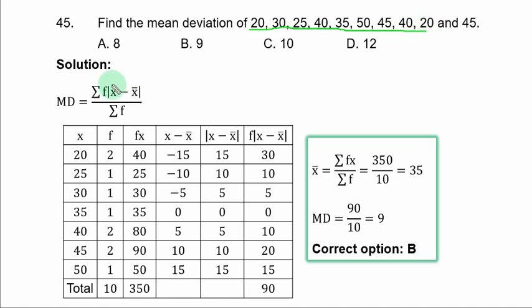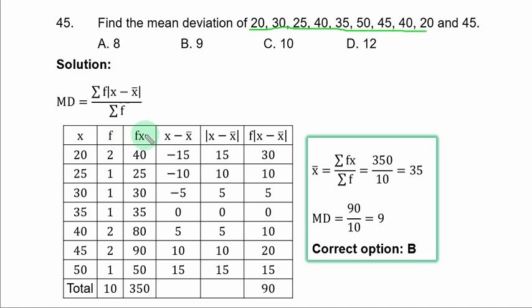Mean deviation is obtained as summation of f times the absolute value of x minus the mean, over summation of f. So we take x as the data point, then f. 20 appears twice, 25 appears once, and so on.